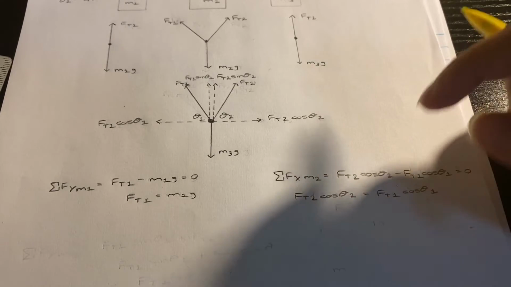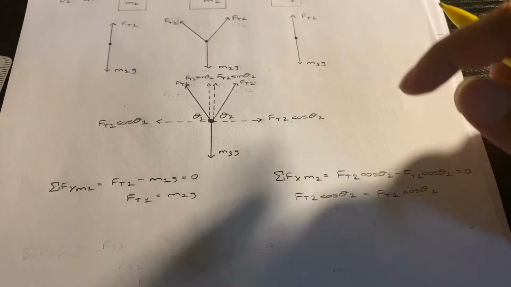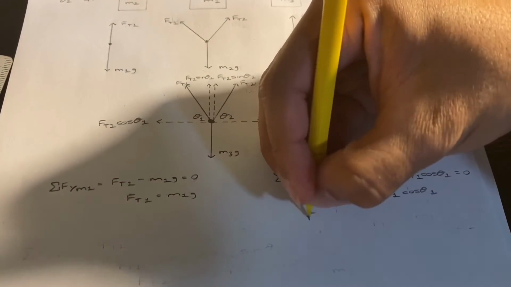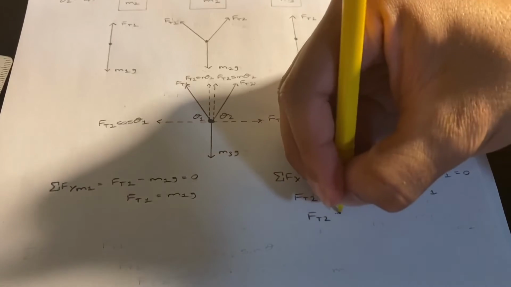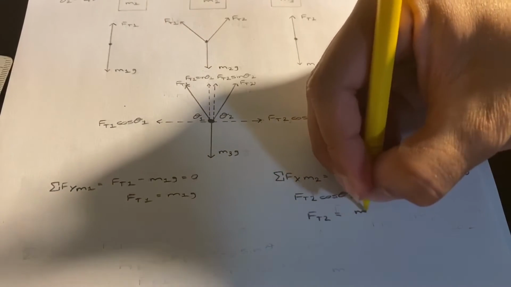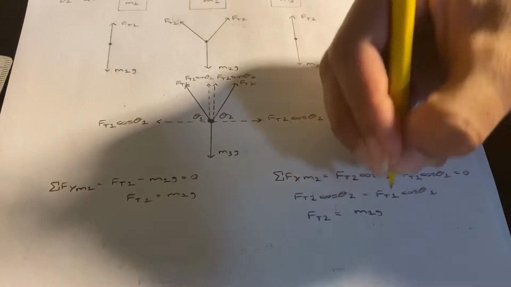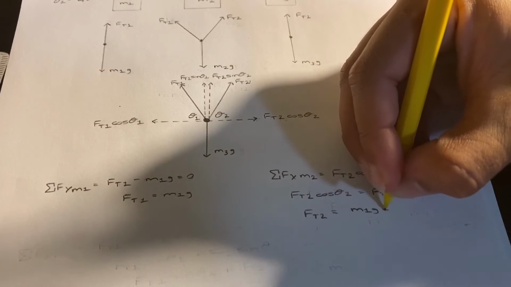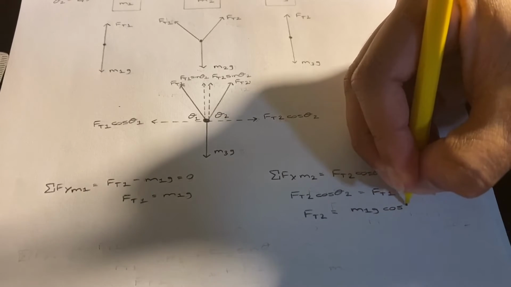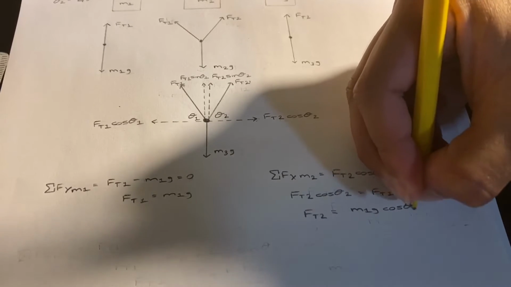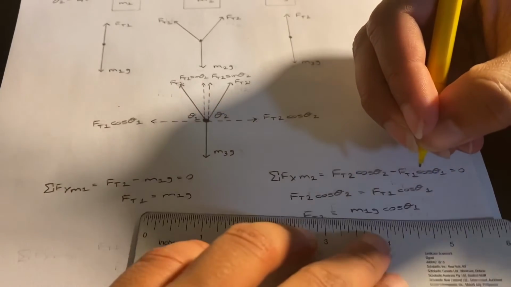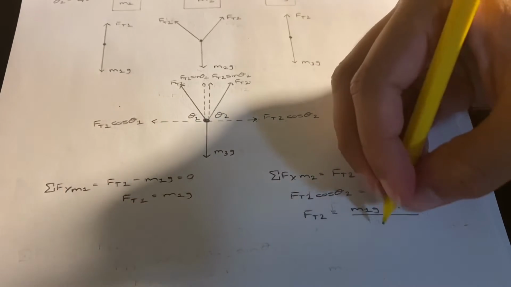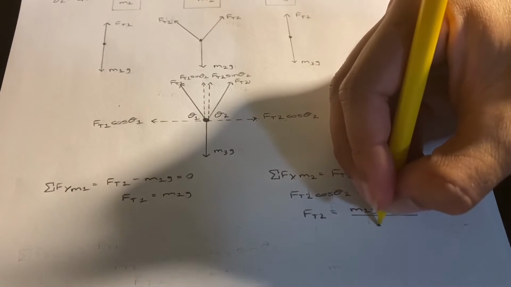So we can simply substitute whenever we have an ft2 in another equation. Once we do that, we see that ft2 is equal to m1g, which we substituted for ft1, times cosine theta 1 divided by cosine theta 2.